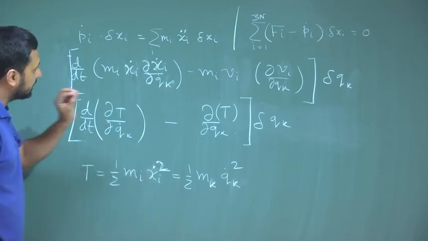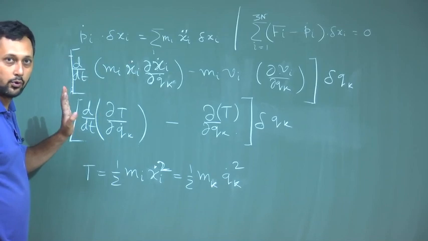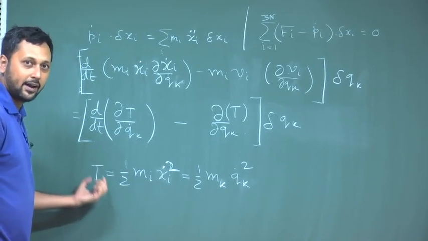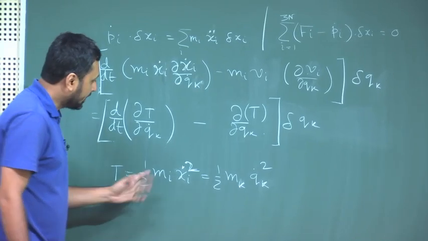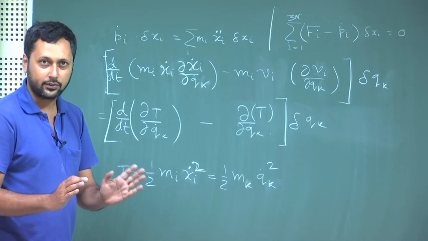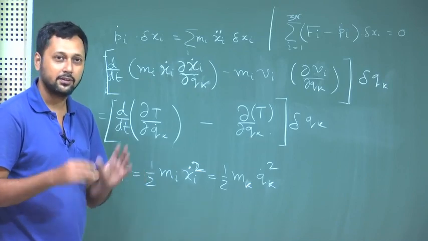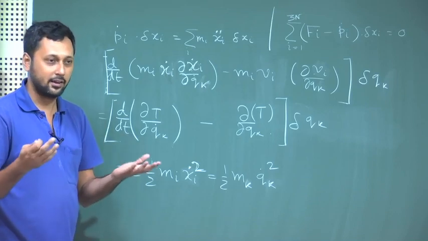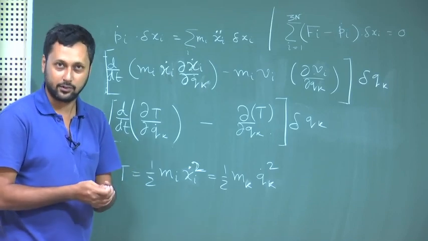Now, there is no summation over xi anymore, all the xi's are included in this T, and kinetic energy is frame independent. So, we can express it in terms of qk, it does not matter. It is a quantity that we can measure in any frame and express in any coordinate system we want.